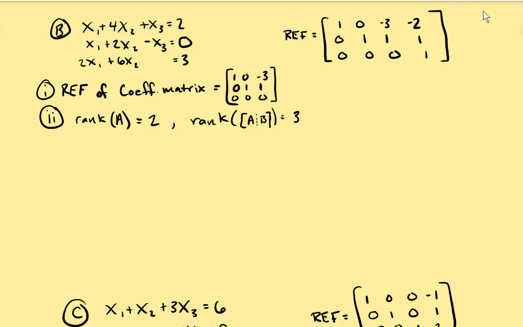And now maybe we can see why our theorem up there said that when the rank of the coefficient matrix differs from the rank of the augmented matrix, you get no solution. Because if we were to unpack our system, that last row gives us 0 equals 1. Not true, so there's no solution. It's inconsistent.